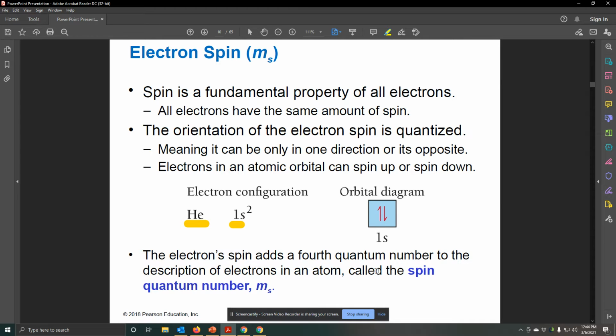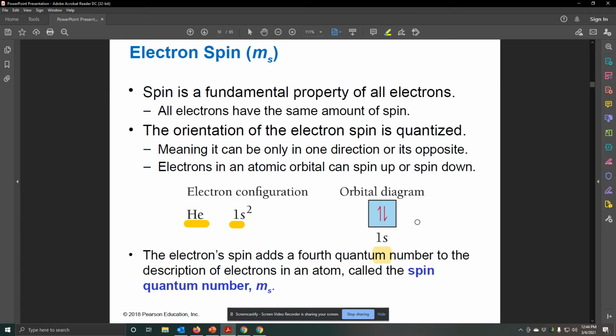Now, I can also represent this in what we call an orbital diagram. The orbital diagrams are simply showing a little box over each shell and subshell. So for shell number 1, I only have the S subshell, and it can hold 2 electrons. So I'm going to represent them. Each one of these arrows represents an electron. And this is where the spin quantum number came in.